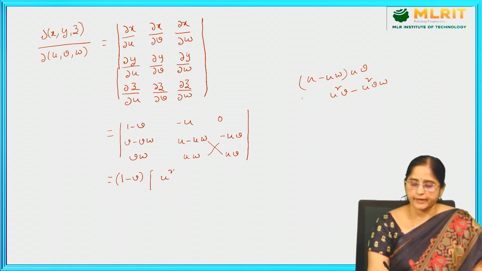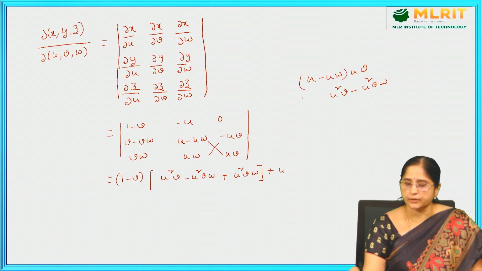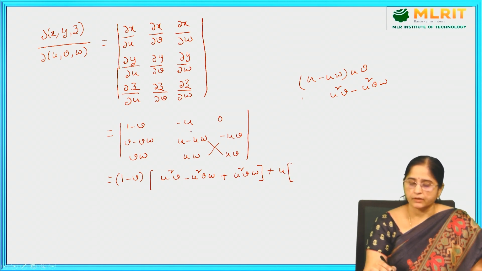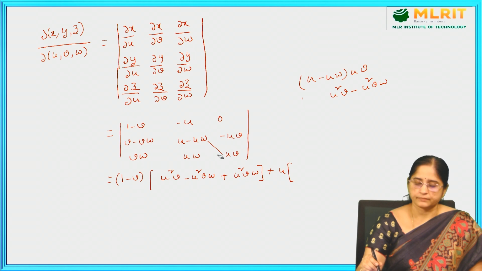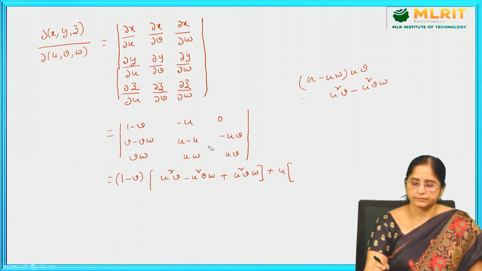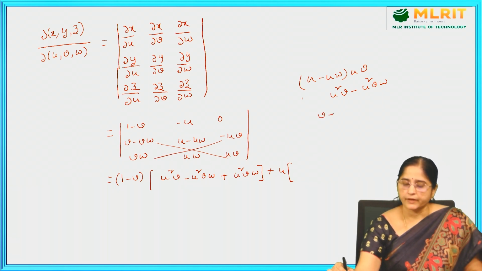So minus minus plus plus u square vw. Minus u, minus minus plus u into the determinant of this one, v minus vw into uv.